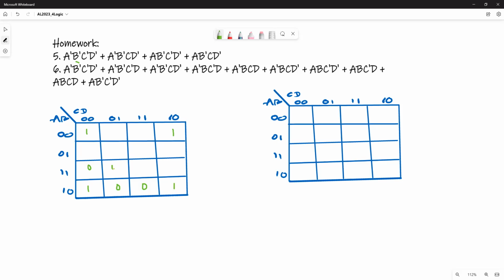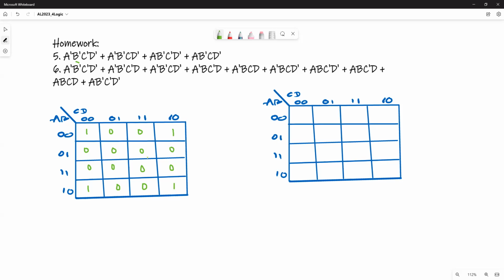Now, question is, what is the answer? All the others are 0. Again, you can see this is 3 corners. And we learned last time, right? When you have within the 4 corners, you can combine.